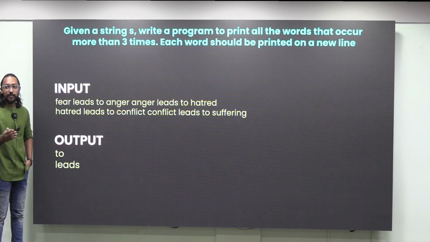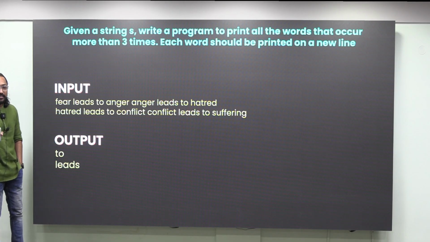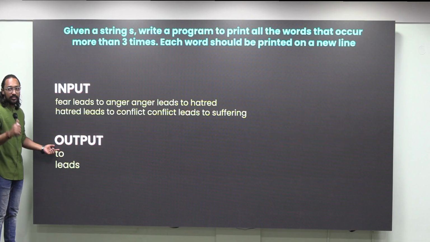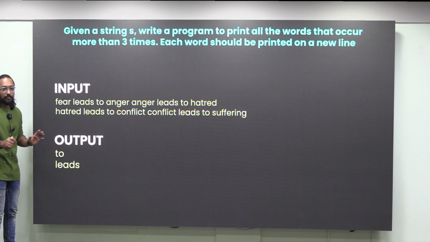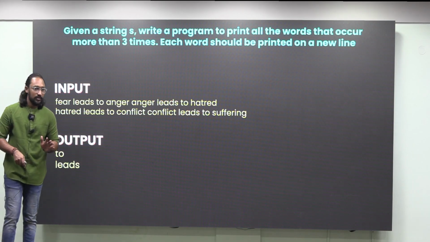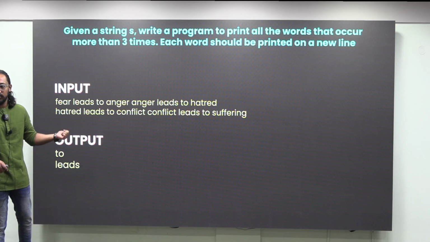So it is not specified in the question, but in case it is not specified, analyze what the output statement is. So if leads is first, it can be either insertion order or alphabetical order. Is this much clear? So they have not specified any particular order or anything. So you can make use of whichever map you want. Is this much clear? You understood what the question is? Write the code.